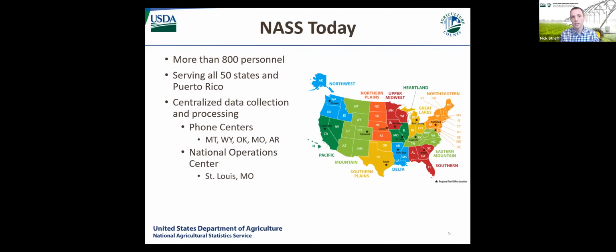So who is NASS today? We're roughly 800 personnel. We have 12 regional offices, as you can see on the screen. The Northern Plains is that middle section there, which I'm in charge of. Our office is in Lincoln, but we do have people throughout each state. In each state, we have someone responsible for public outreach, and we also have someone in each state responsible for training our personal interviewers, who travel out to personally interview farmers or make phone calls.